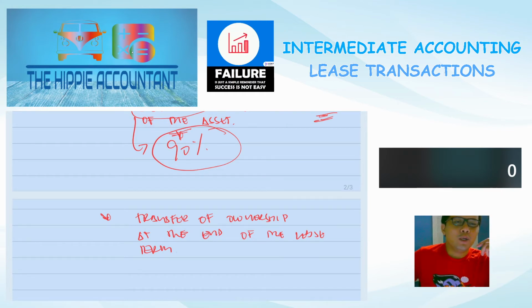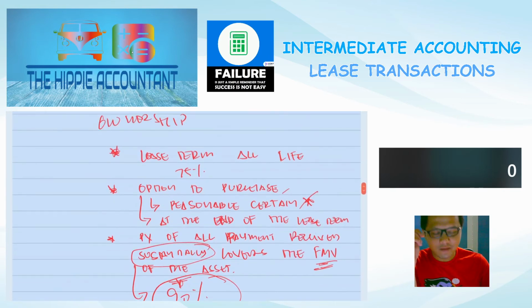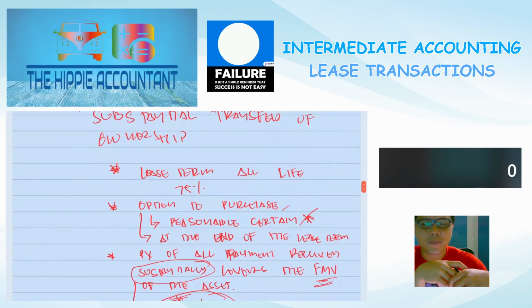Okay? So, kumbaga, para mas madali para sa atin, ito yung mga titingnan natin na mga criteria. Okay? In general, ang ibig sabihin lang nito ng mga criteria is that if there is a substantial transfer of ownership, maybe not in form but in substance, then that is a finance lease.